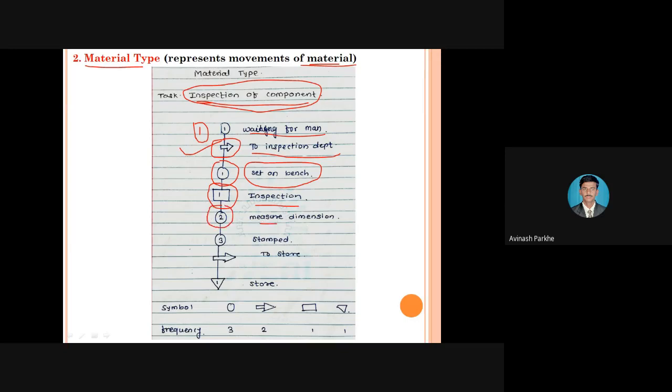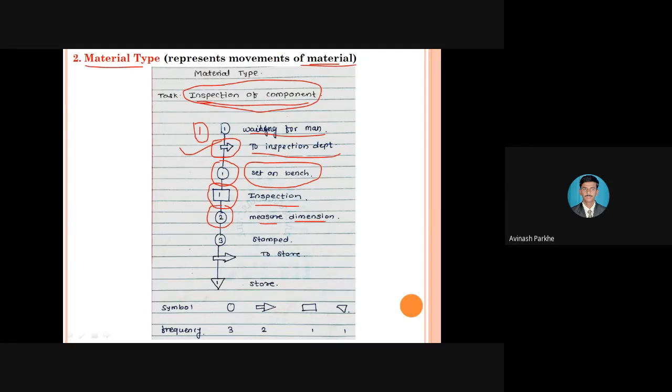Then the next operation, measure the dimensions. Whatever task is performed on that material using the standard measuring equipment, we are performing an operation. Which operation? Measuring the dimensions. So we take the vernier caliper, the gauges, and some other measuring devices, and by using them we measure the dimensions of the product.